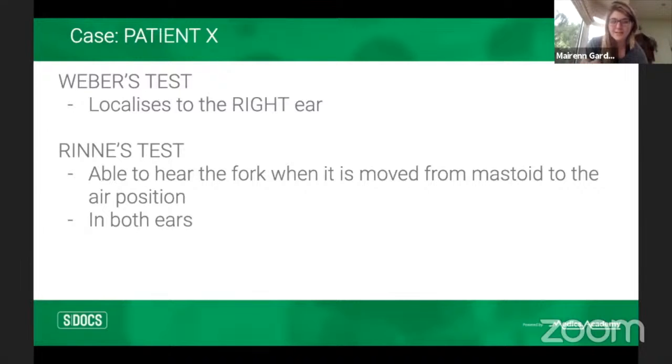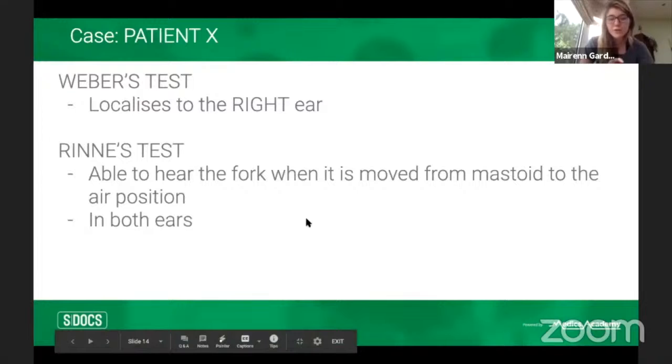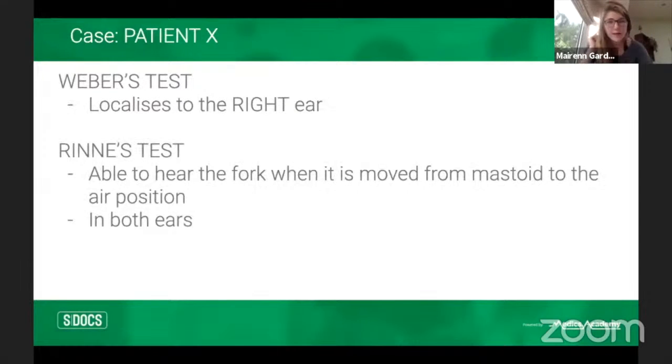So this person has left sensory neural hearing loss. I'm just going to go over this one more time just to really drill it in and make sense. The fact that when you move the tuning fork from the mastoid process to the air position, the patient can hear it, and when you do it on both ears, this suggests that it's sensory neural hearing loss, because air conduction is better than bone conduction.